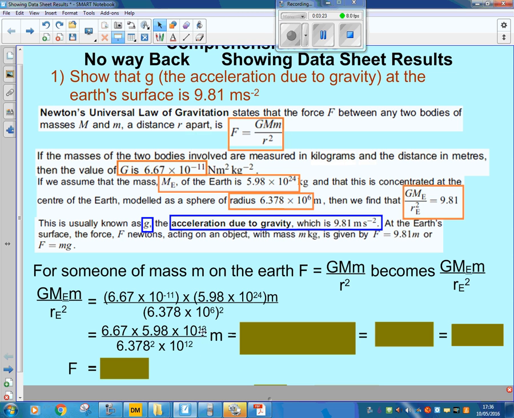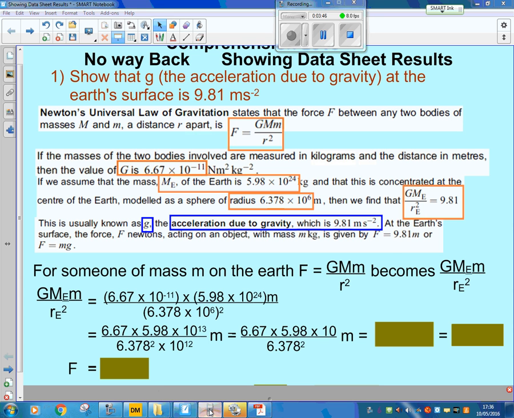But we can go further. We can cancel these, because when you're dividing, you subtract the indices. And if I subtract the 12 from the 13, I get 10 to the power of 1, which is 10. So this just becomes 6.67 times 5.98 times 10, divided by 6.378 squared.